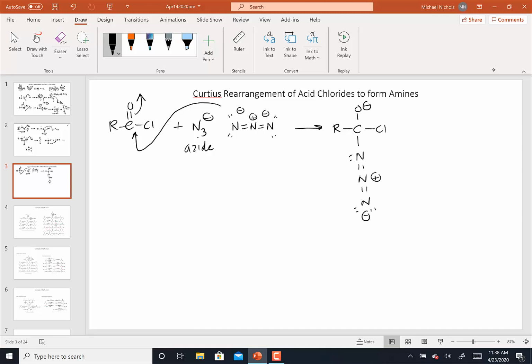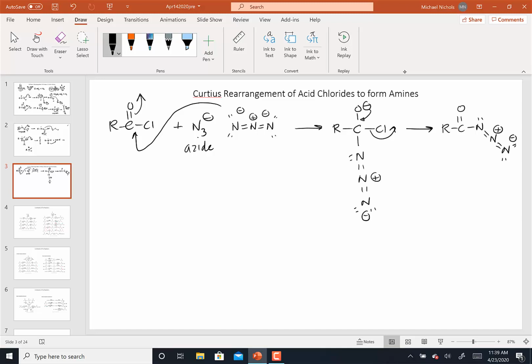And then this pair of electrons wants to come back down and reform a carbonyl. It will do so and we'll lose the chloride, so that we end up reforming the double bond. But now we will have the nitrogen double bonded to the nitrogen, double bonded to the nitrogen, with the negative charge there and a positive charge there.